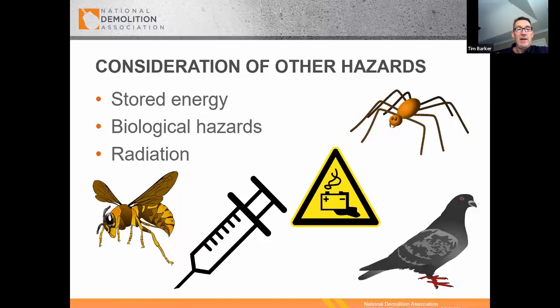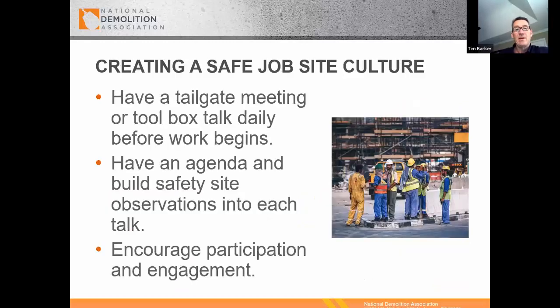So you need to understand what those other hazards are and have an approach to releasing that stored energy, as well as dealing with biological hazards. Snakes, bees. Unfortunately, I know of contractors that have had great safety records only to have that change as a result of a bee sting. And if somebody's allergic, they may need medication and it may end up being a recordable injury.